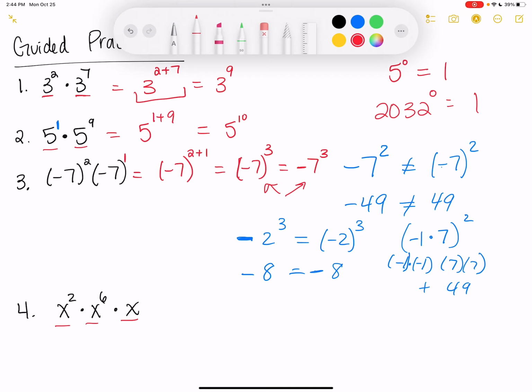So I've got this final x is still an x to the 1st. So I'm going to add the exponents. So that gives me x to the 2 plus 6 plus 1, which is x to the 9th for that one.